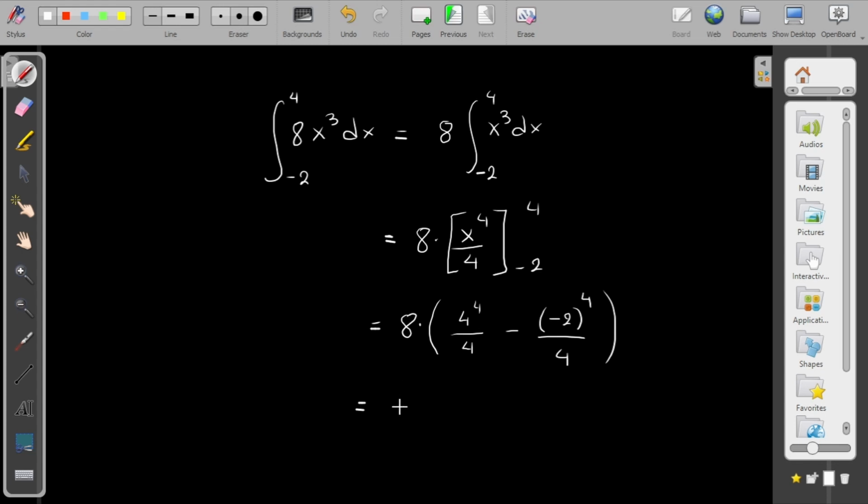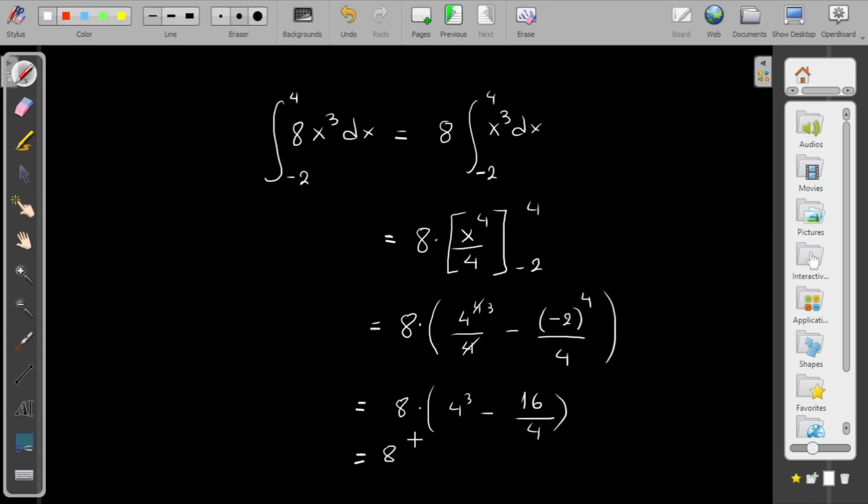I continue. 8 times 4 to the power of 4 over 4. Basically I can simplify this one. 4 with this one, so it's 4 to the power of 3 minus 16 over 4.